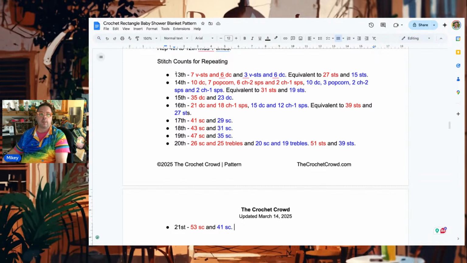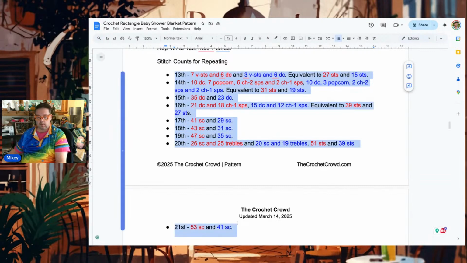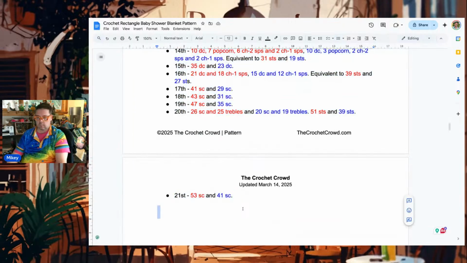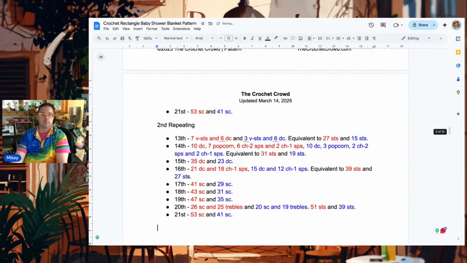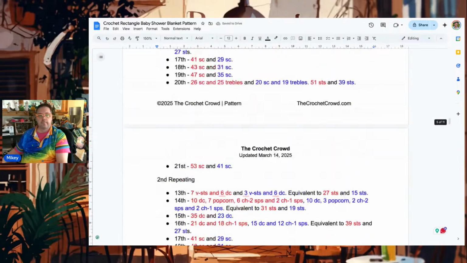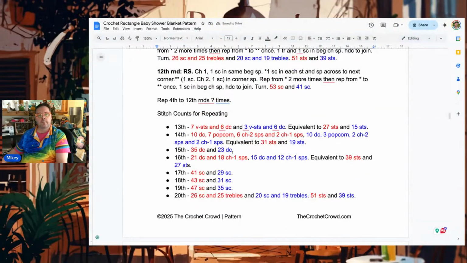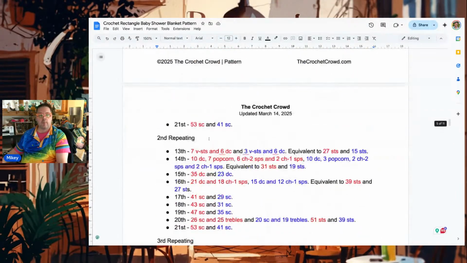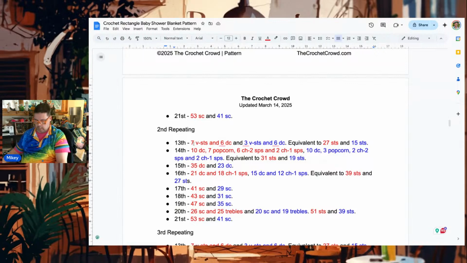Okay, and we're going to take that and copy. Okay, so we know the first one's right. So now we just got to do the second. Just get a sheet here.